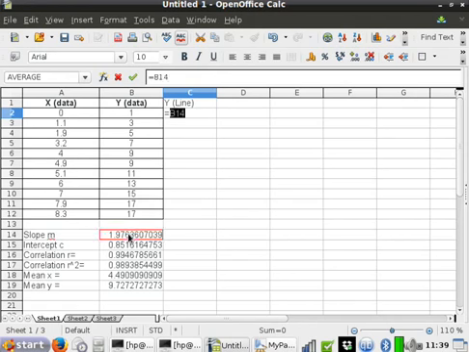Here's m here. But please don't forget to put dollar signs. Remember in semester 1 I showed you this. We need the dollar signs to keep it constant. So it's m times x plus c. And again, don't forget the dollar signs on the c.